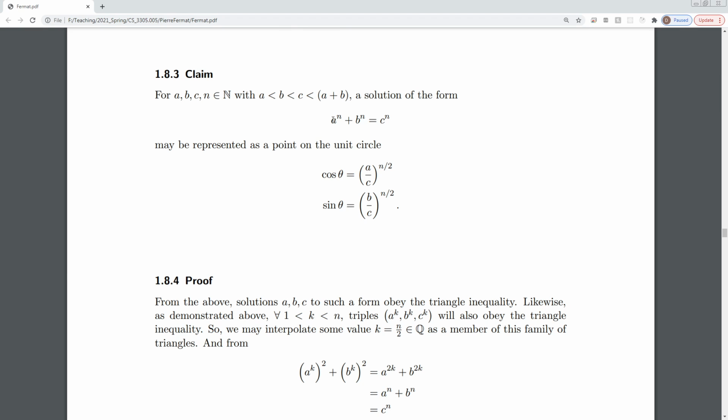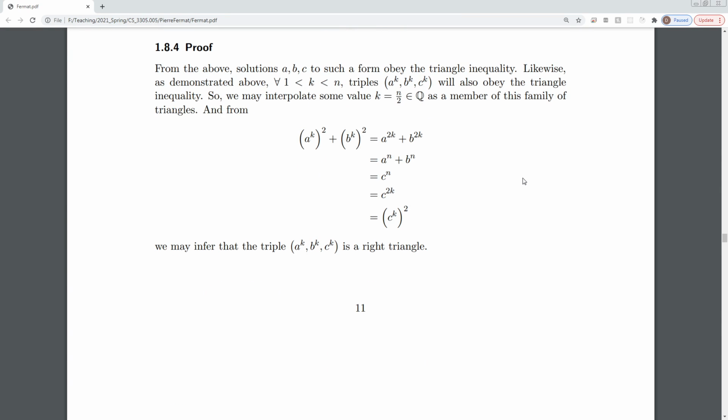So solutions of this form can be represented as a point on the circle. From the above, we see that it has to obey the triangle inequality. We also have discussed how it's a family of triangles, and so from the triple ABC, up to any choice k less than n, at which point we have equality and the triangle inequality goes away.